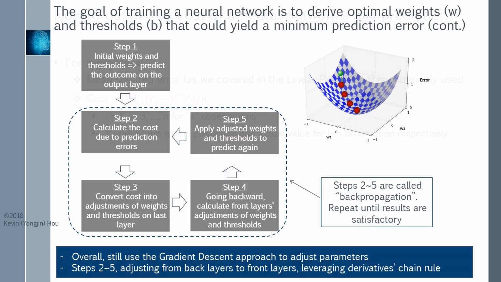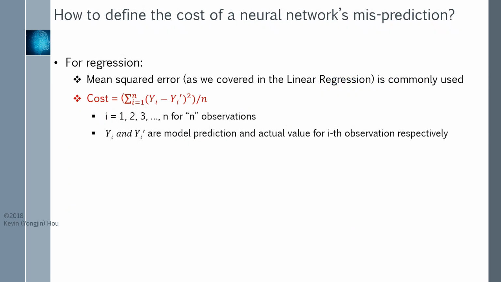We talked on the previous page about adjusting the parameters based on the cost. Then what cost function are we going to use? Here is the one we have seen in the past. If it's a regression problem, a common cost function is the sum of squared errors, like this.